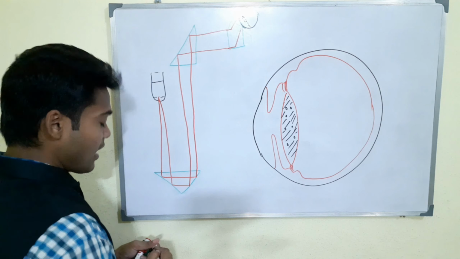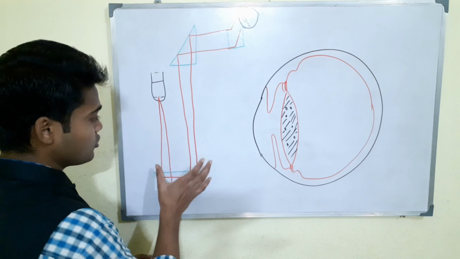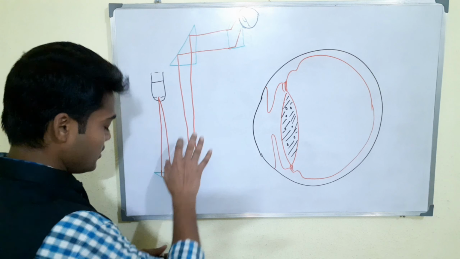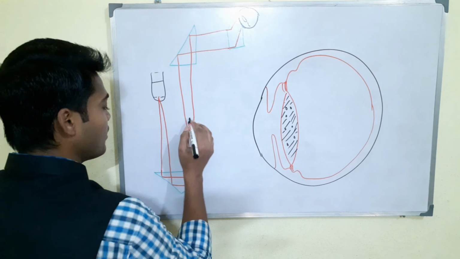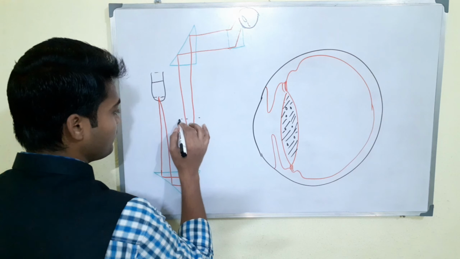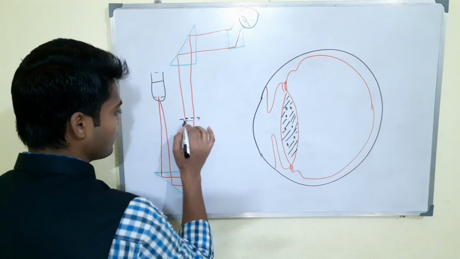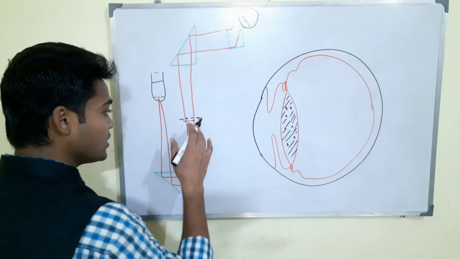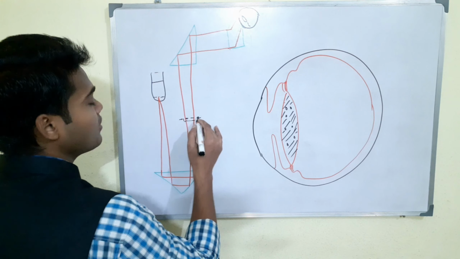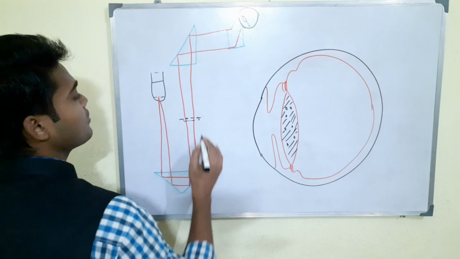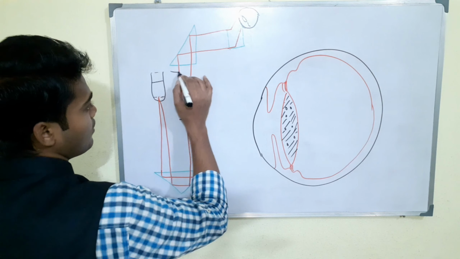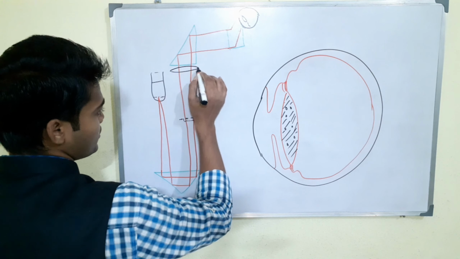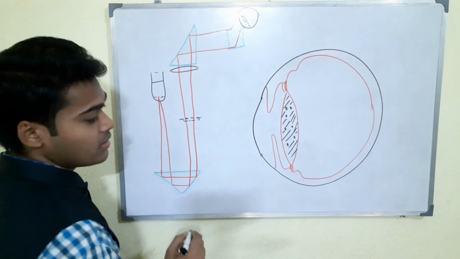Up to this point the optical diagram of the potential acuity meter is finished, but there is more, which I will draw one by one. Here is the visual acuity chart, and its illumination is higher than the normal conventional Snellen's visual acuity chart. A condensing lens is also present, a 12 diopter condensing lens.